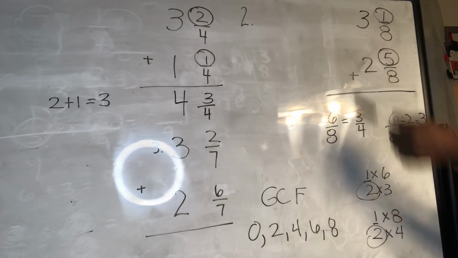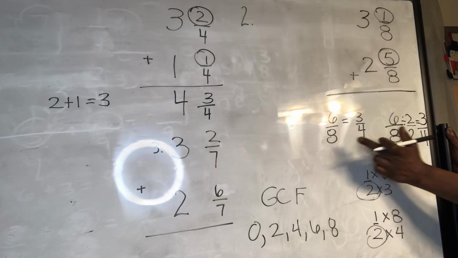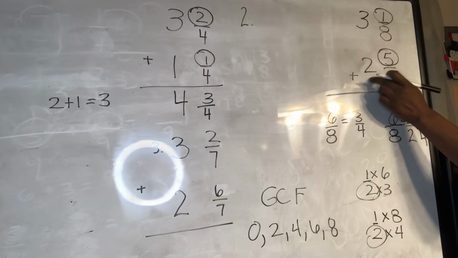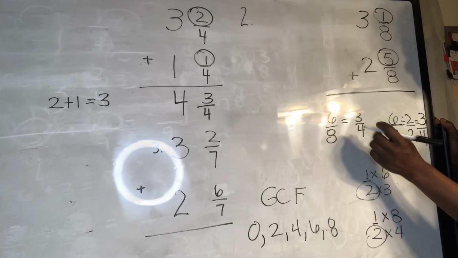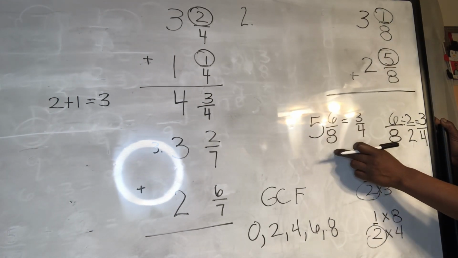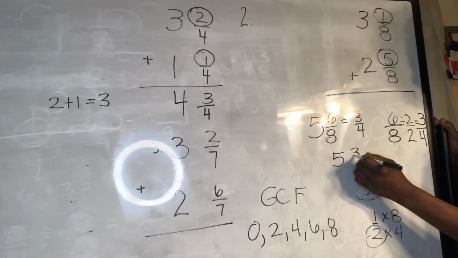So Jamir, looking at the whole numbers, we're done with the fraction side. Because 6 over 8 turns into 3/4. But we have to answer our whole number side. We got 3 plus 2 is how much? 4, 5. Exactly. So therefore, our answer is 5 and 6 over 8, which really equals 5 and 3/4.